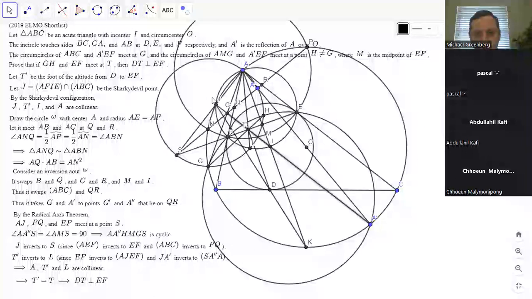Because this segment inverts to this circle, but how do we know G lies on this circle? Because G lies on this circle. Yeah, I think we might be missing a step here.